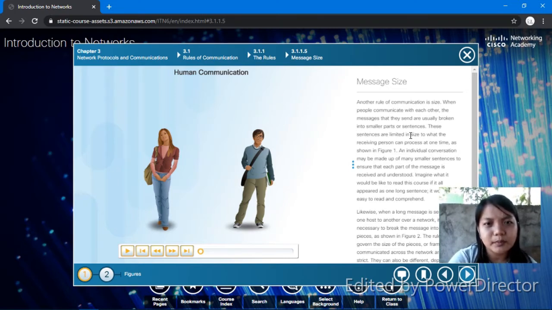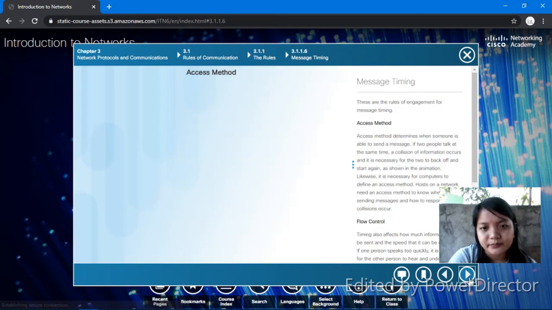It will be broken into pieces, sentence by sentence, because if you say it all at once, the receiver might not understand what you said.